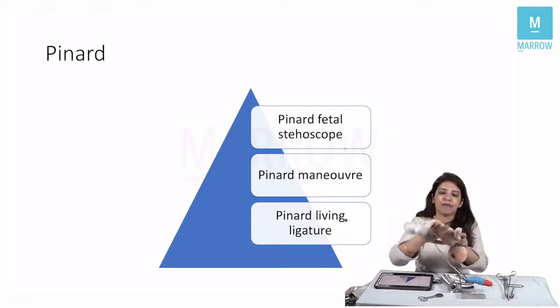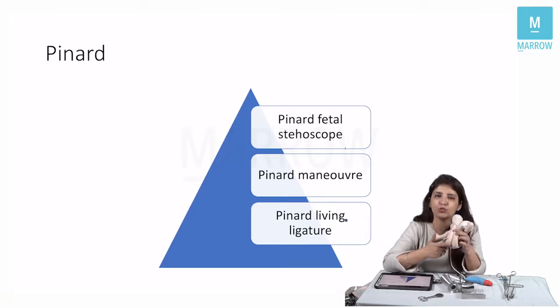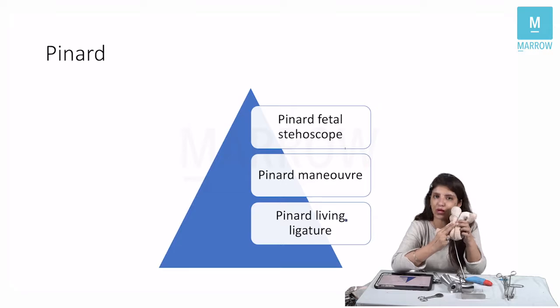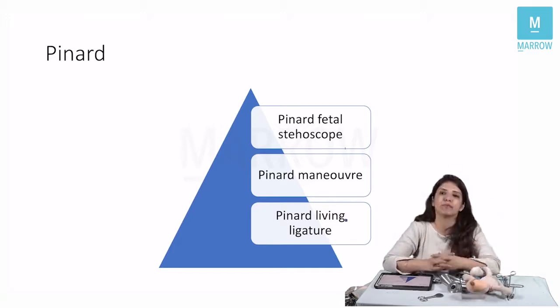So in Pinard maneuver, in case of frank breech, if you want to deliver the legs or the buttocks, what you did was you took your fingers up till the popliteal fossa, then you gave a little bit of pressure, the leg of the fetus came down, you held it and you brought it down like this. Same thing you repeat on the other side. So P for Pinard maneuver, P for popliteal fossa. So second Pinard is the Pinard maneuver.